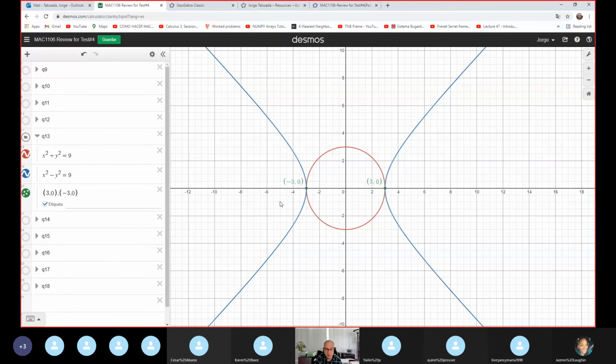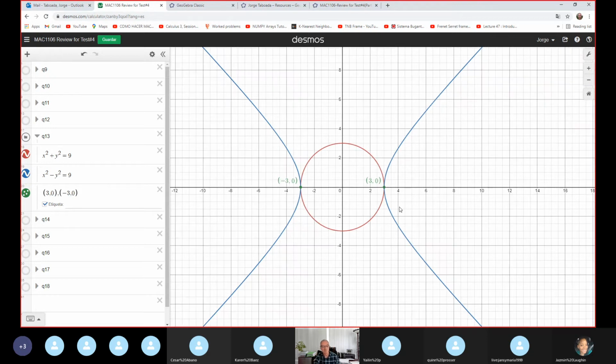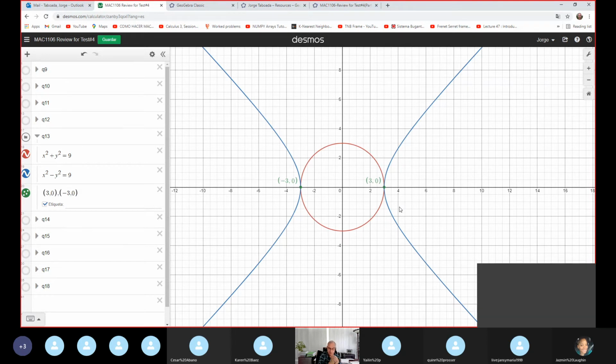Look at that. The red circle and the blue hyperbola. Together, the only common points you have are (3, 0) and (-3, 0). Do you see or no?